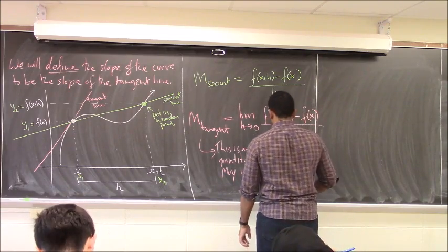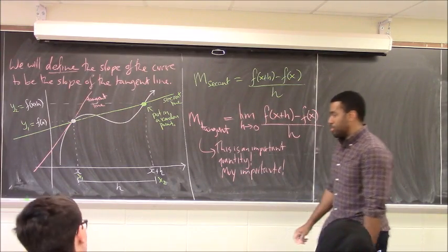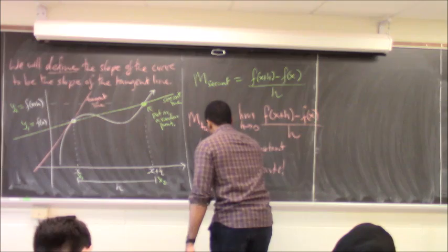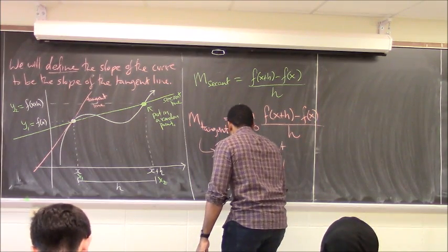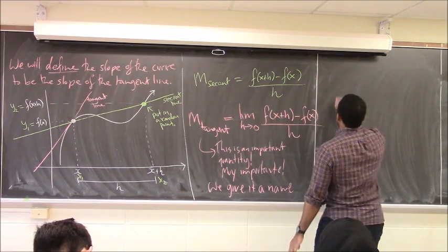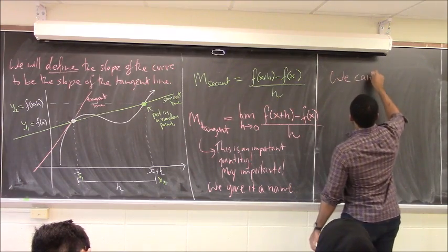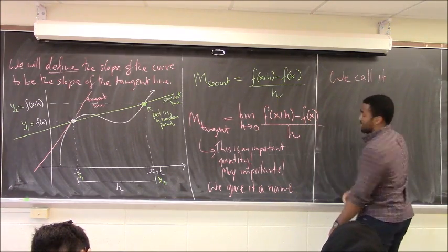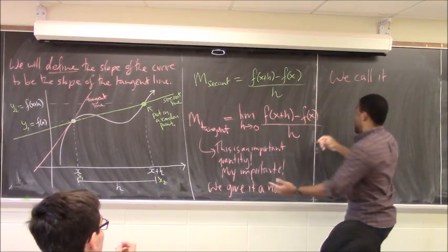I'm not Spanish, but I feel like it deserves to be said in multiple languages. And so, because it's so important, we give it a name. We call it, all together now, do we know? The derivative.